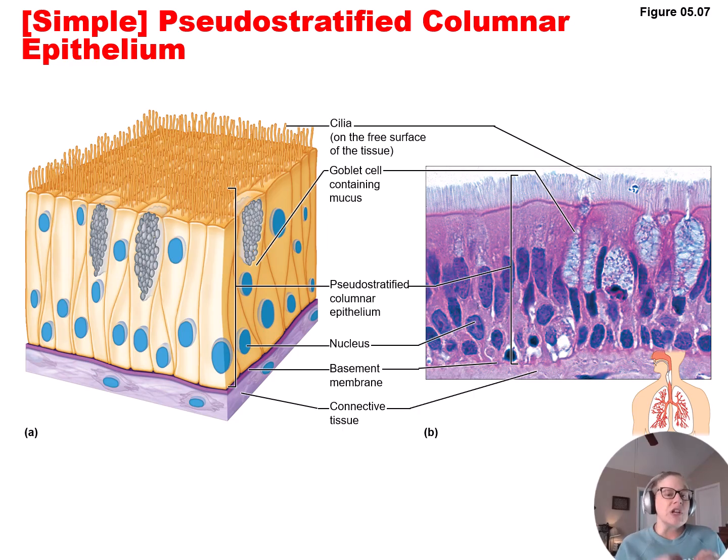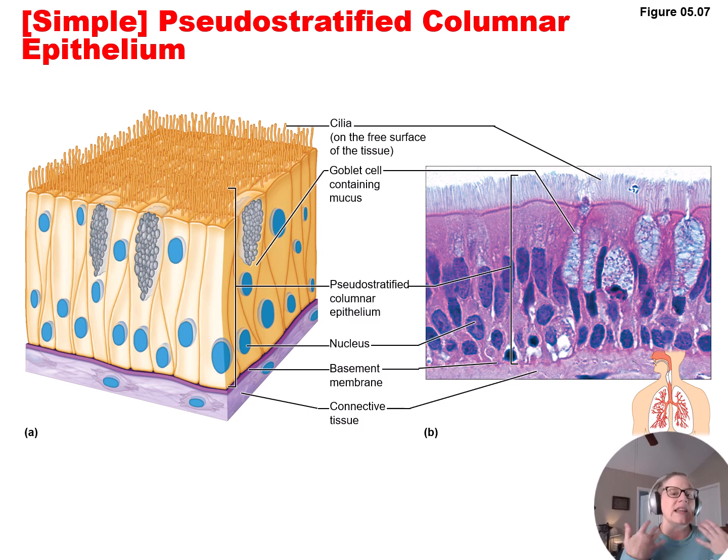The distinguishing characteristic of pseudostratified columnar cells is that they have cilia on them. And cilia are little specialized structures, little cellular extensions. They specialize in helping you to remove debris and mucus from the respiratory tract.